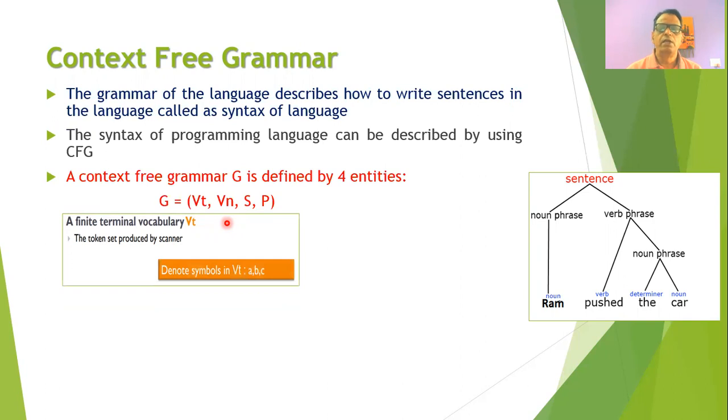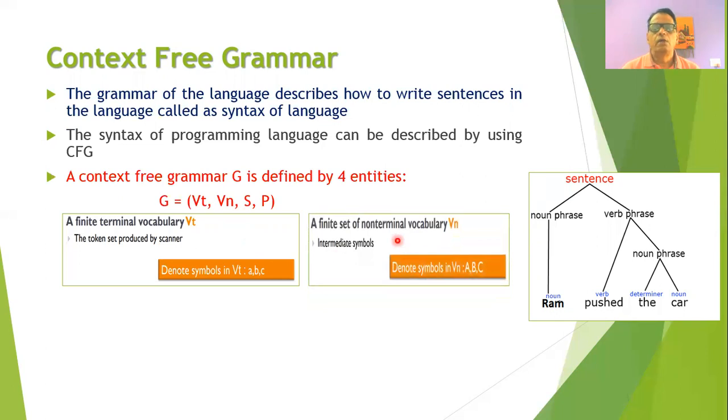As its name indicates, no further derivation is possible for these terminal symbols. Terminal symbols can be represented by small letters such as a, b, c. So the tokens that are generated by the scanner, you can say, are the set of terminal symbols.